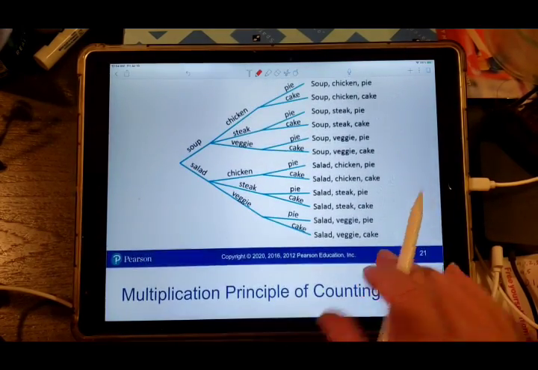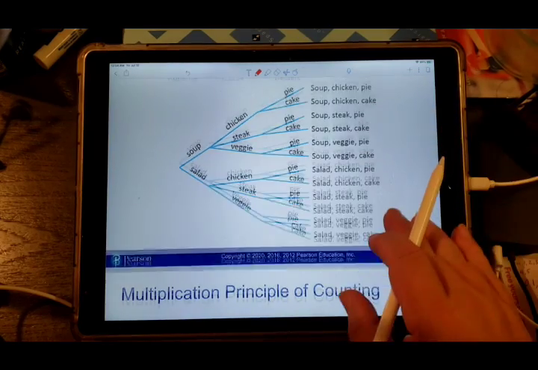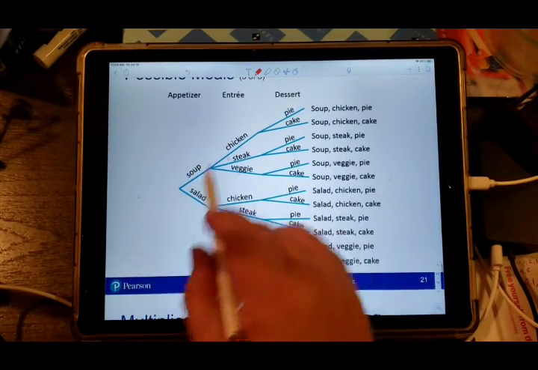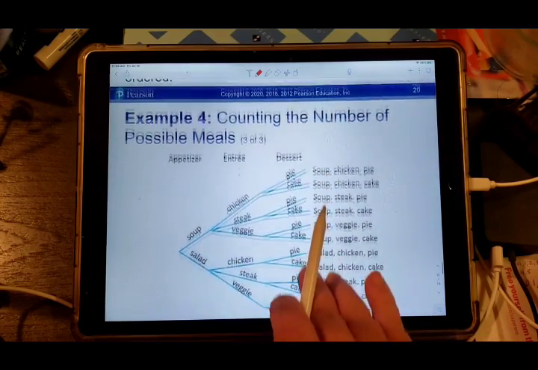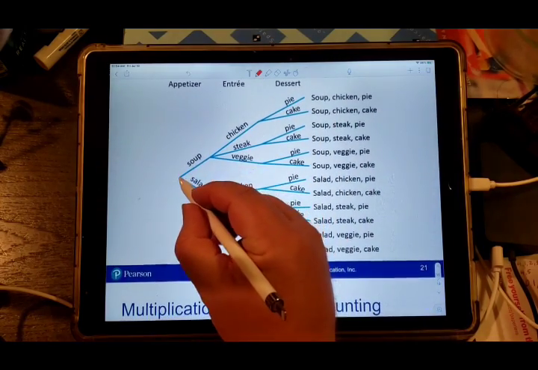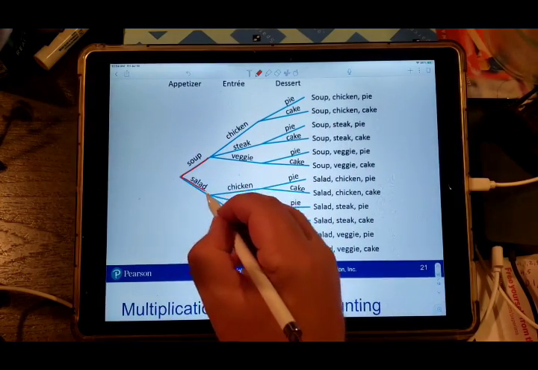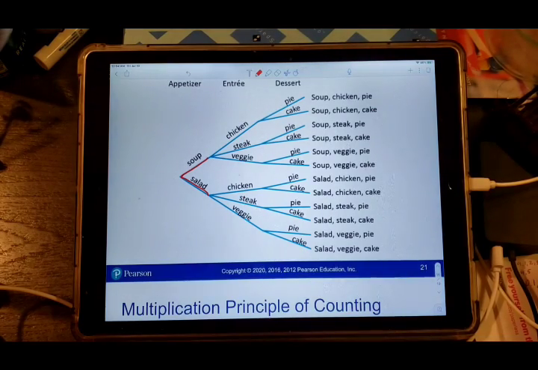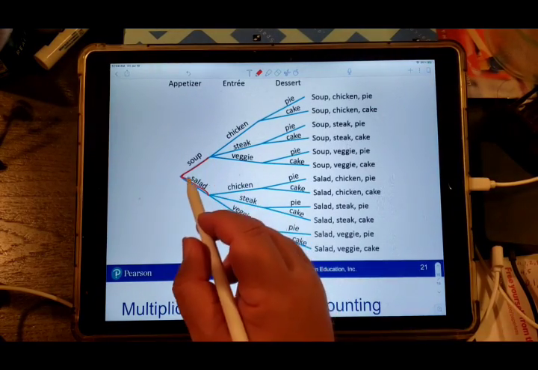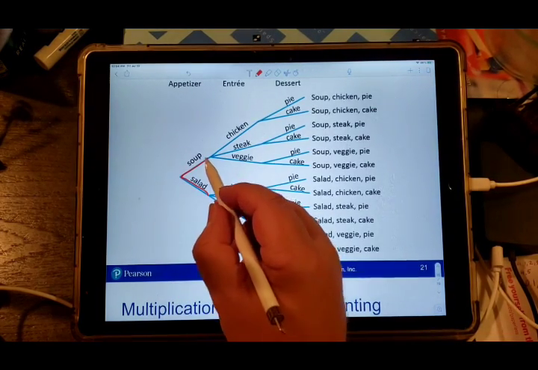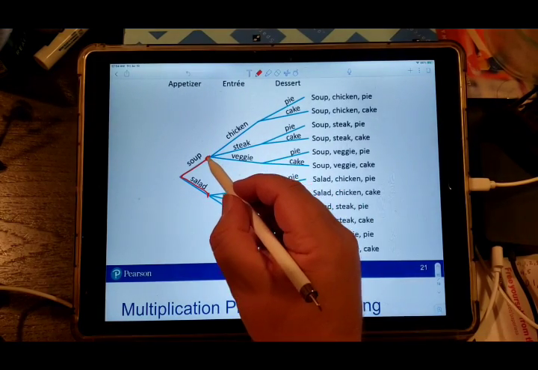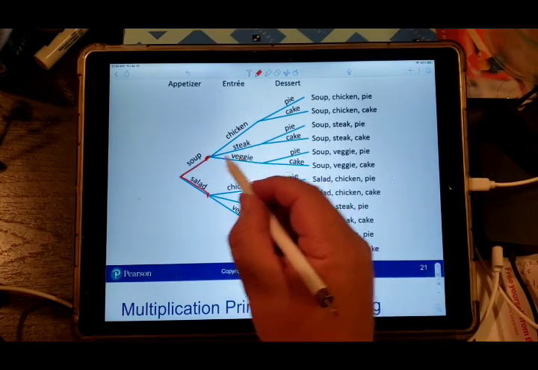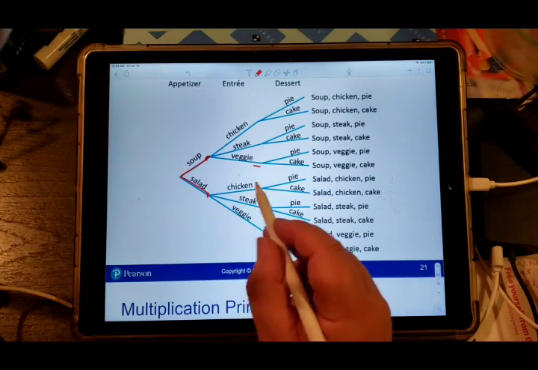All right. They went and listed all of them and tried to keep it organized by something called a decision tree or tree diagram. So the first decision is, are you going to get soup or salad? It creates a node. Then another decision point is, are you going to get chicken, steak, or vegetarian?